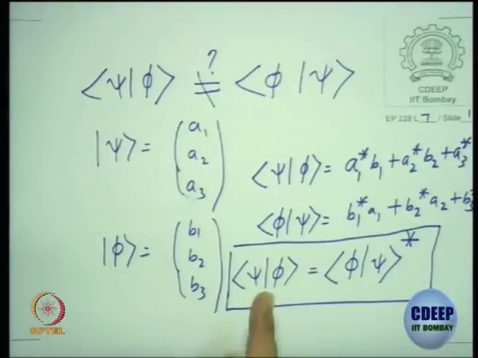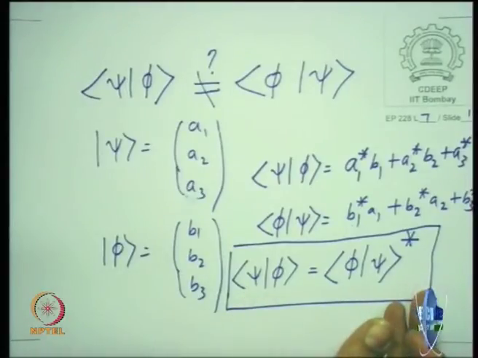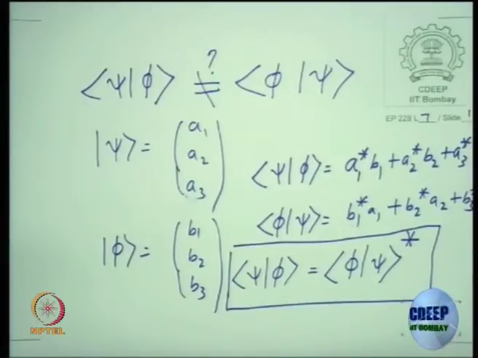If it is real, the left hand side is real, the right hand side is real, and complex conjugation is not required. But in general, the vector space could have complex entries, and you need to make sure that if you interchange the dual vector and the vector, the inner product will be the complex conjugate. So please get used to this notation.